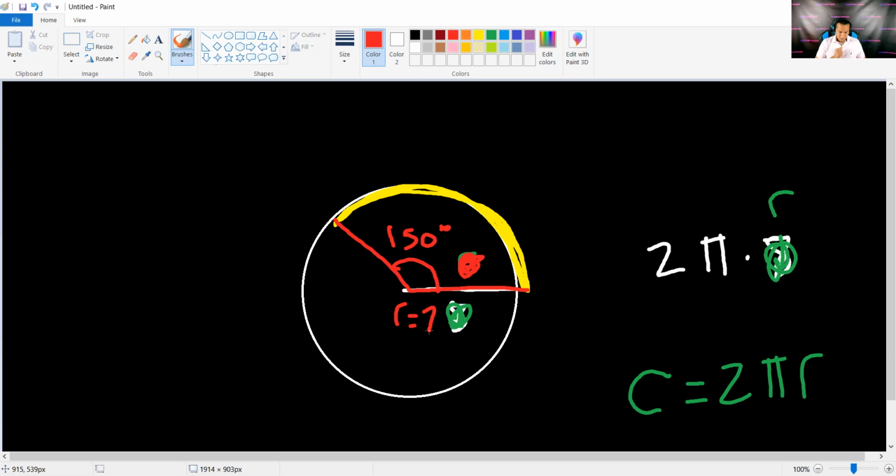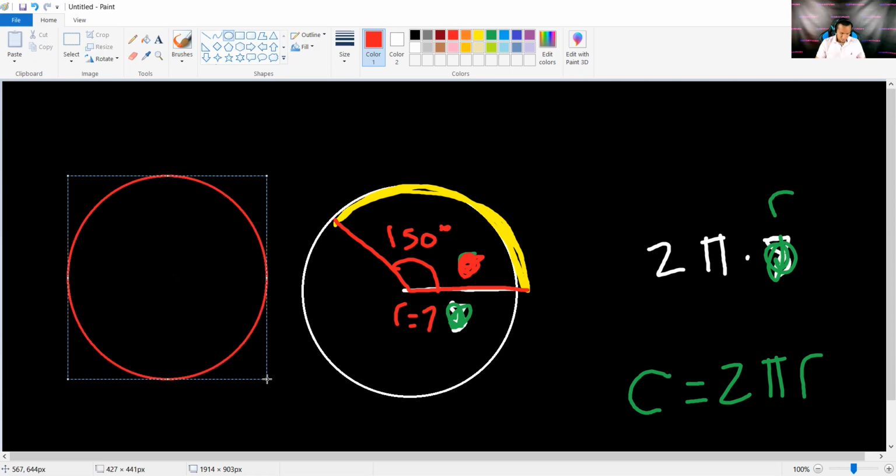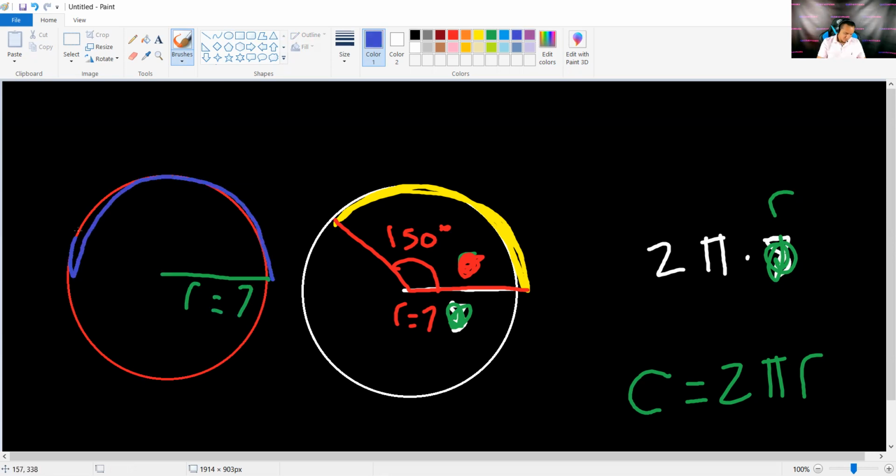So before you answer that question, if you're still confused, let's say that you have the same circle, the same exact circle. And this time you're drawing, again, from the middle, the radius is 7. But this time you only want the length halfway around the circle.